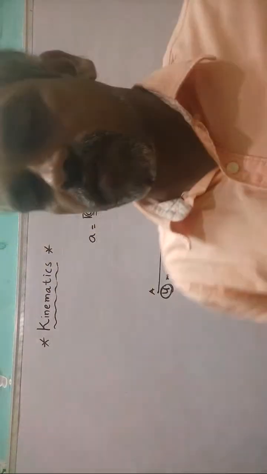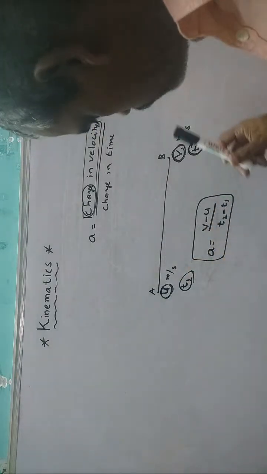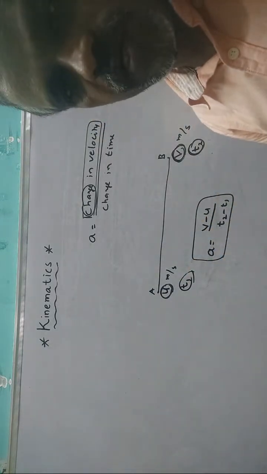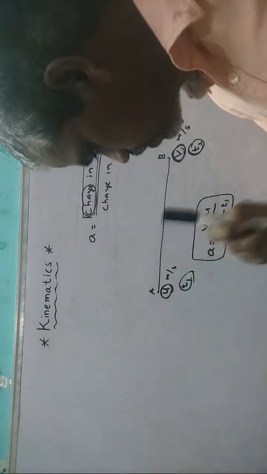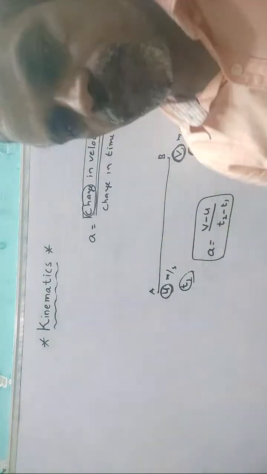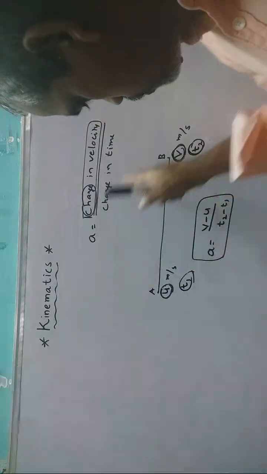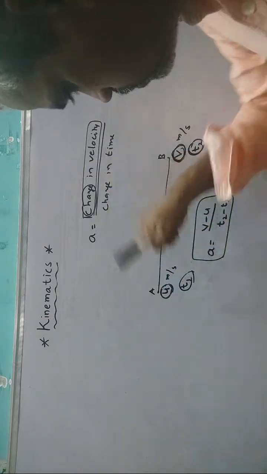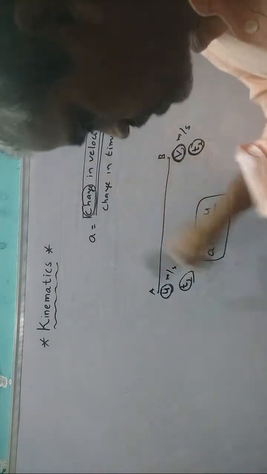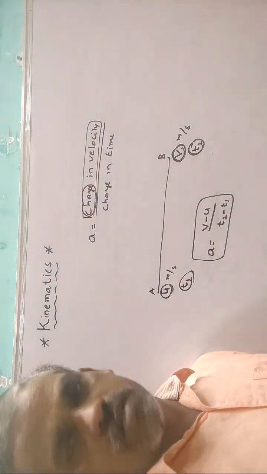I think you understand well. It started with u meter per second and reached v meter per second, starting at T1 time and reaching at T2 time. So acceleration equals change in velocity by change in time. That means final velocity minus initial velocity, by final time minus initial time: v minus u by T2 minus T1.